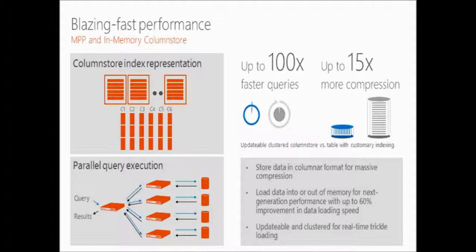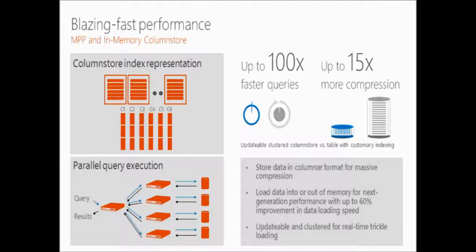However, in a data warehouse system, you query not all the columns, but some of the columns on which you do some average or min-max analysis. So we are using a column store index.